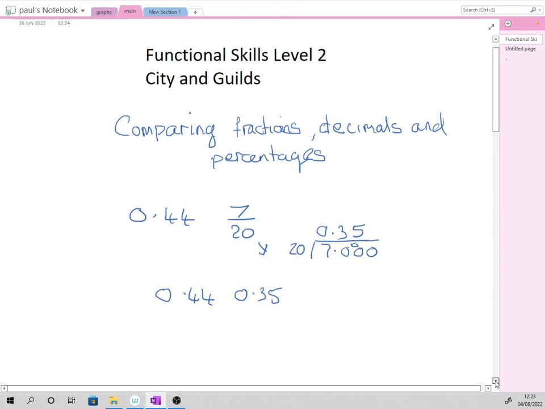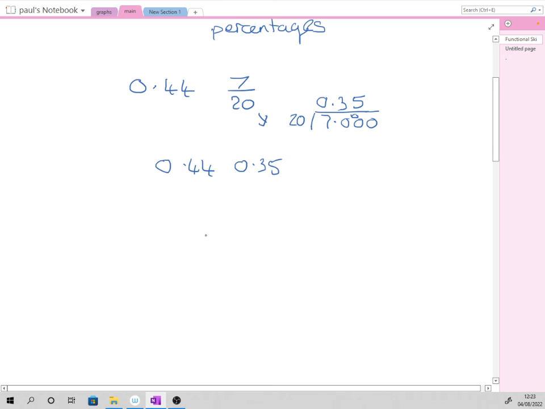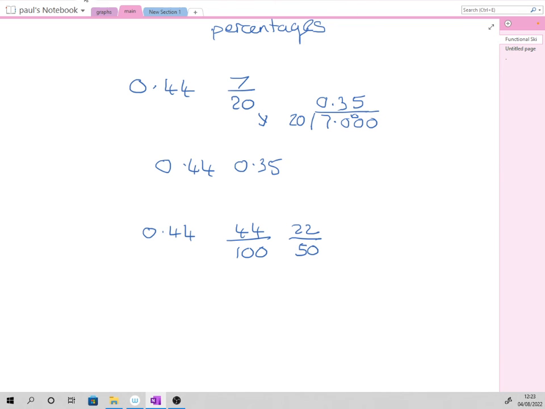Could have done it the other way around. 0.44 is 44 over 100, which is 22 over 50. Oh, yeah, that's too difficult that way, isn't it?